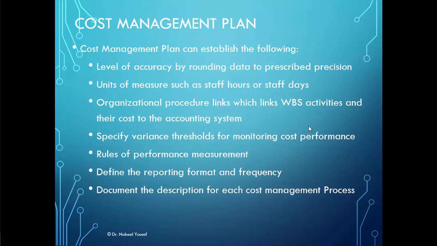In addition, the plan will link the work breakdown structure activities and their cost to the accounting system within the organization. The cost variance will be specified to provide the allowance range to monitor cost performance. And again, we have a certain range. So out-of-range costs will trigger corrective actions to put costs back within the planned range.